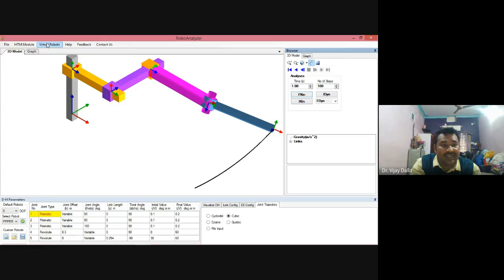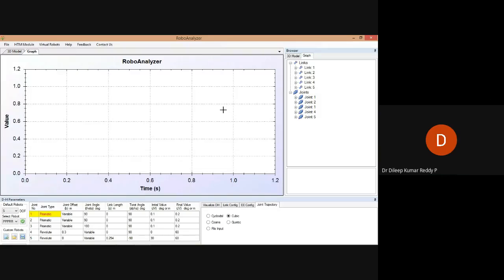I don't think we can get the work envelope. There is no option. No, the work envelope we cannot get. Okay, sir. Thank you.